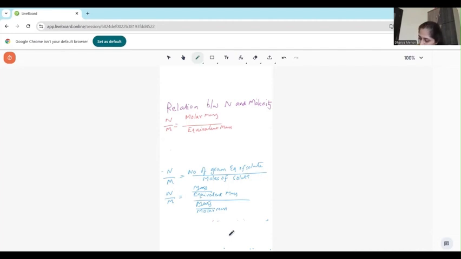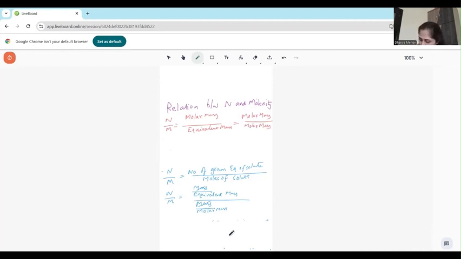Now, again, we'll simplify this a bit. Molar mass by, what is equivalent mass? It's just revision of what we did. Molar mass by X. What is X? Valency factor.